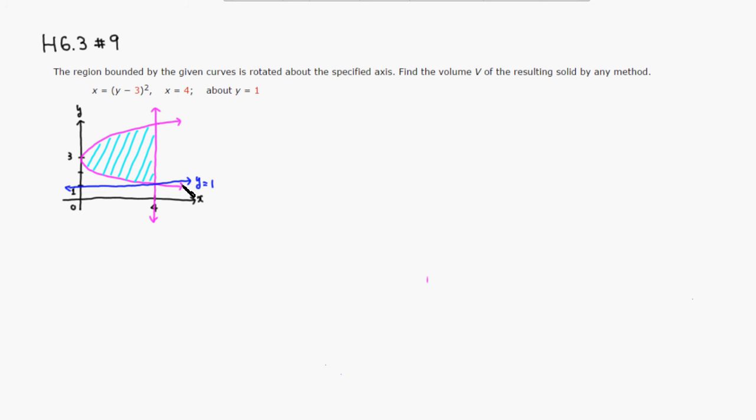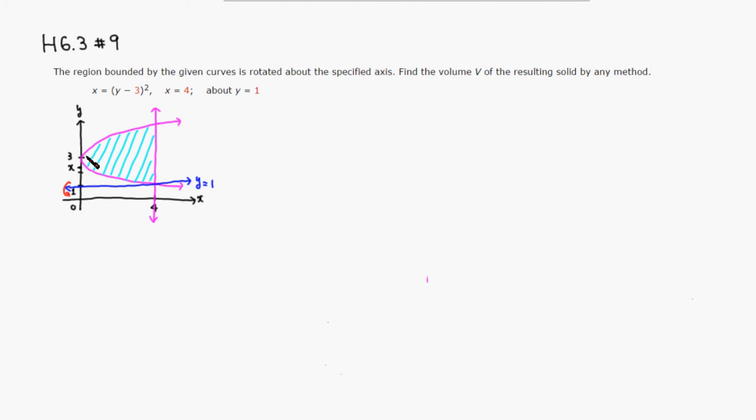So this is y equals 1. Sorry, it's not that straight. Then we want to rotate it about this line, so we're going to rotate it this way. So let's use the shell method. We're going to pick any random value, so I'm going to pick a y value, say, around here.